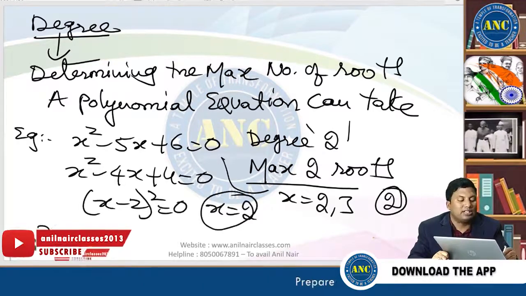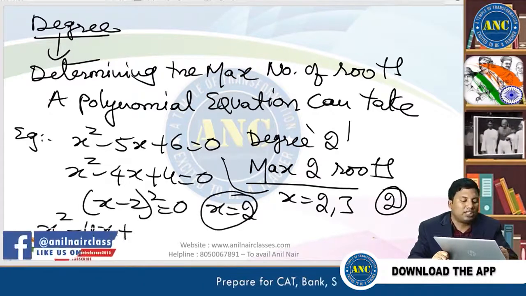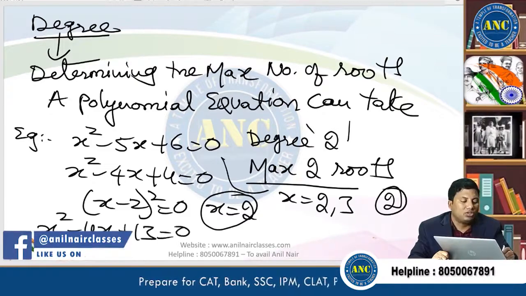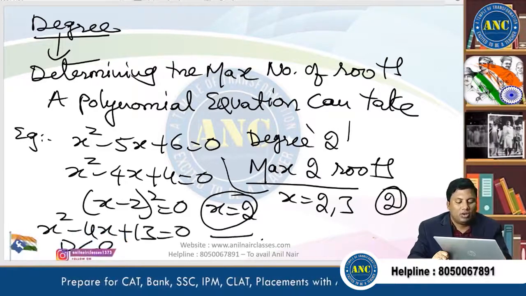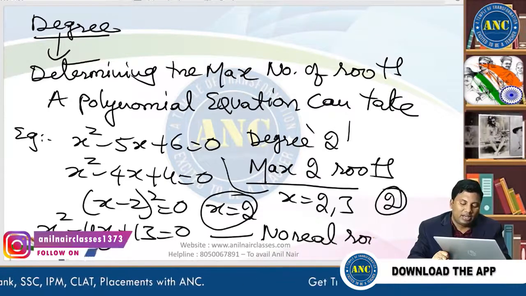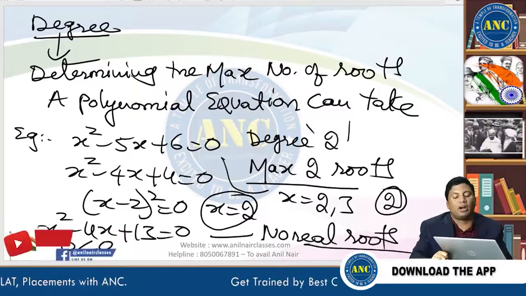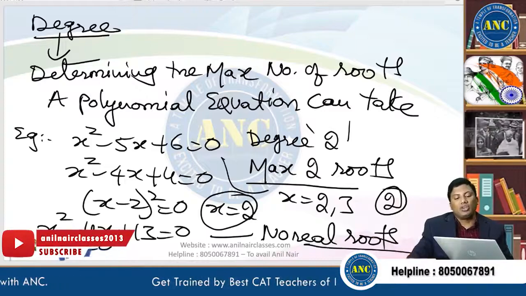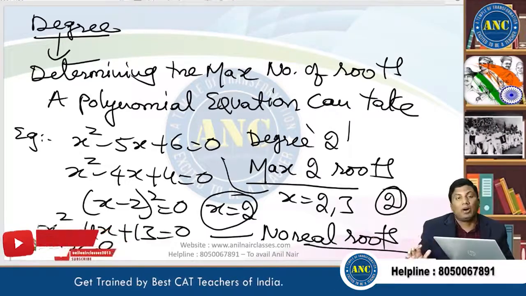Only one root is there. x square minus 4x plus 13 equivalent to 0. D less than 0. That means no real roots are there. So the degree tells how many maximum roots an equation can take. That is the importance of degree.